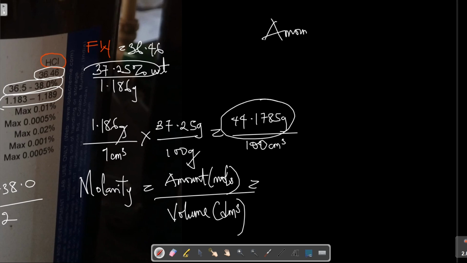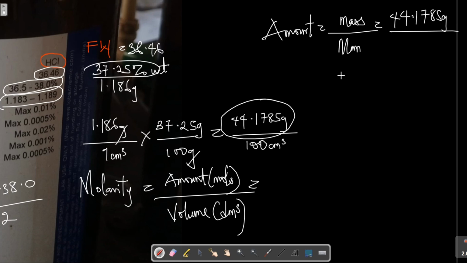We know that amount is mass over molar mass. So the mass there we have is 44.1785 grams over the molar mass of the acid, which is the formula weight, 36.46 grams per mole.